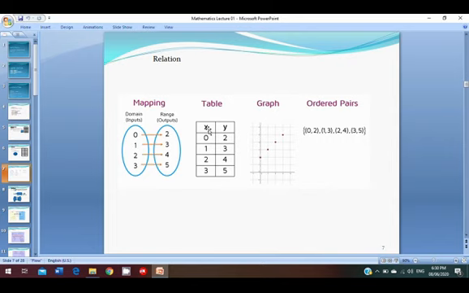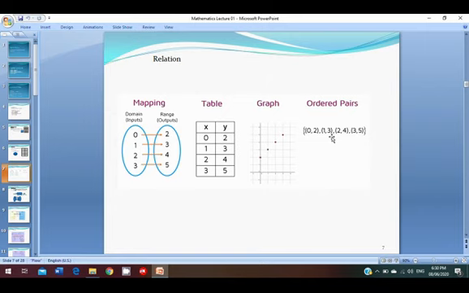These are the four ways to explain the relationship between variable quantities. We are very familiar with this type of representation of two sets. This representation is called ordered pairs.